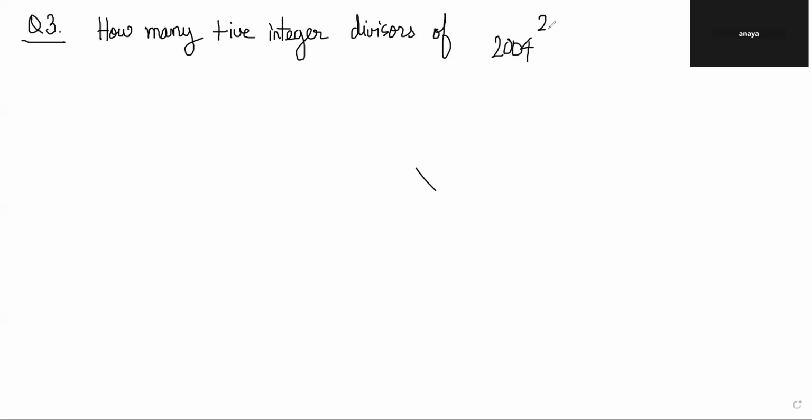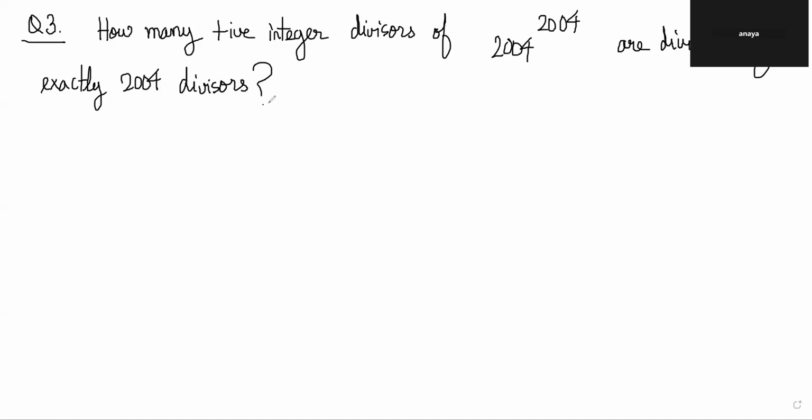Okay. And the next one is: how many positive integer divisors of 2004 to the power 2004 are divisible by exactly 2004 positive integers?